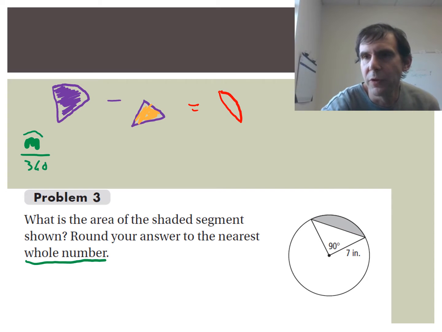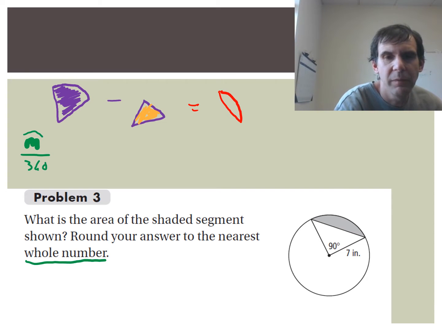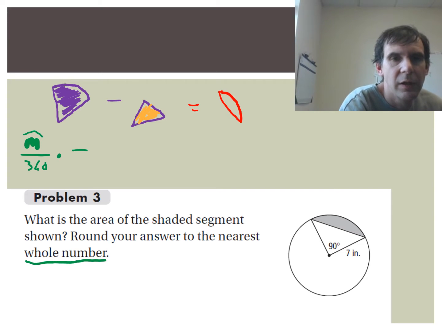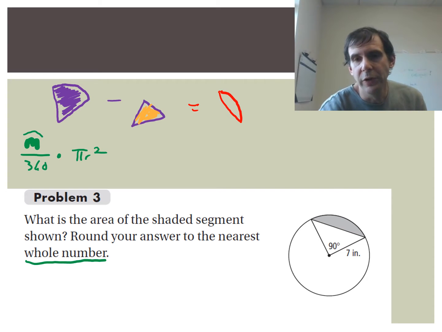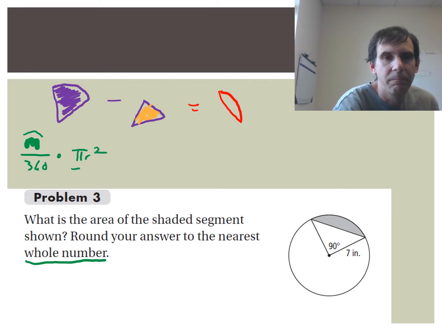Whoops, that's supposed to be a multiplication sign, not an equal sign. Times the area of the circle. So the area of the circle is going to use our radius. Our radius is 7 inches. So we've got pi times 7 squared. That's going to be 49 pi.